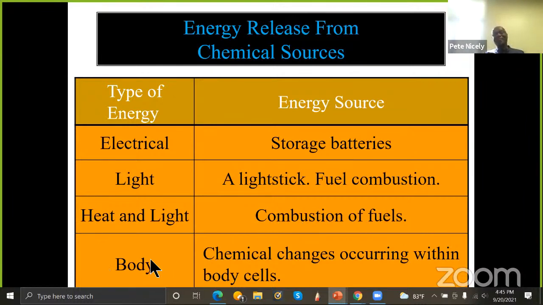And then the final example here is what our very lives depend on: different chemical reactions occurring within the cells of our body, which produce energy so that we can live and move and whatever. So these are all examples of energy being produced as a result of chemical reactions taking place.